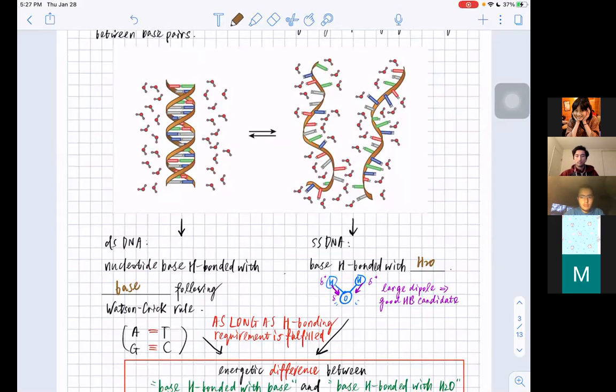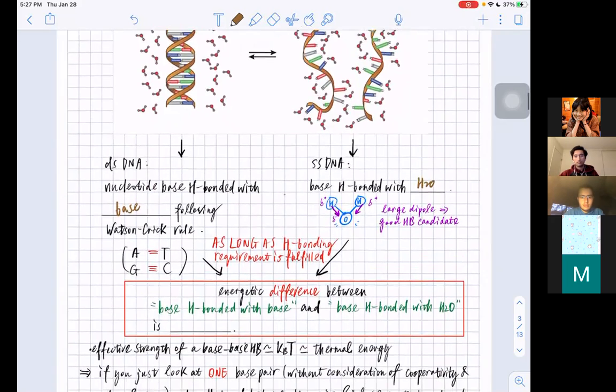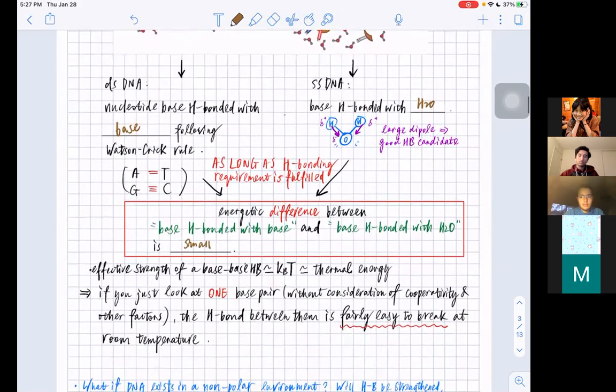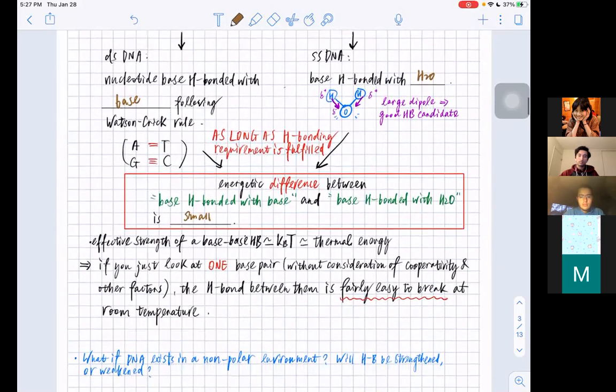And as long as the hydrogen bonding requirements are all fulfilled, the energetic difference between the two cases is actually very small. As you will recall, the effective strength of a base-base hydrogen bond is comparable to thermal energy. And that means at room temperature, if you just look at one base pair, the hydrogen bond between them is fairly easy to break.